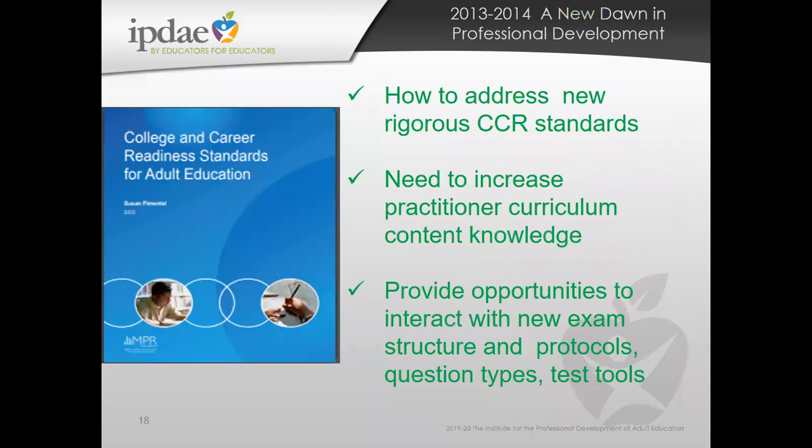This new shift in professional development started as the run-up to GED 2014. We knew there would be challenges and obstacles along the way. In particular, and number one was how to address those new rigorous CCR standards while increasing practitioner curriculum content knowledge.